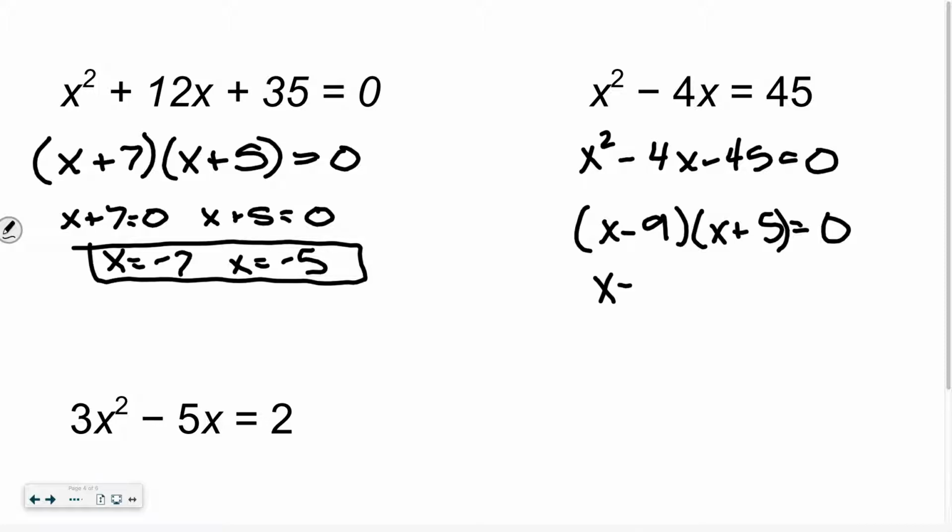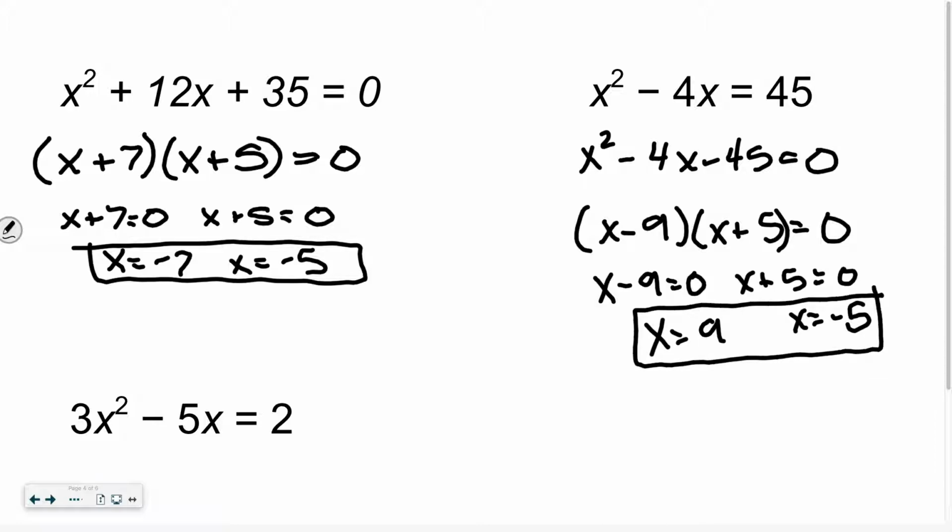Set those factors equal to 0. x equals 9, x equals -5. What would these answers be looking like on our graphs? x-intercepts. We're essentially taking something that is in standard form, ax squared plus bx plus c, and turning it into its intercept form, where we see the intercepts, p's and q's.